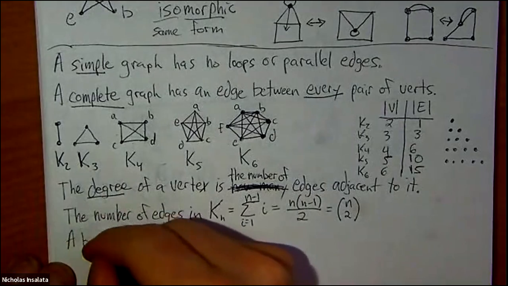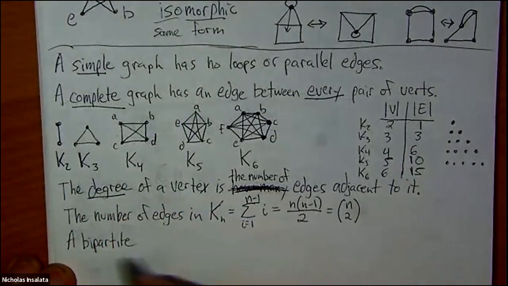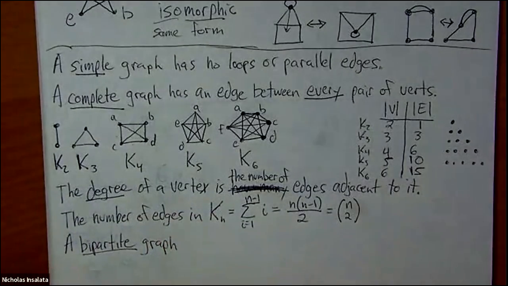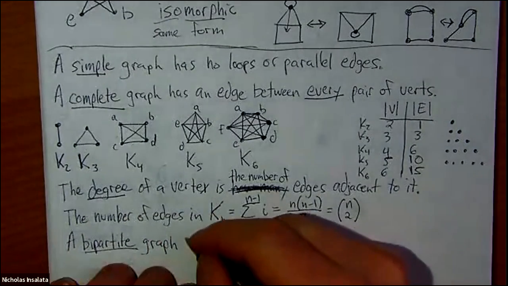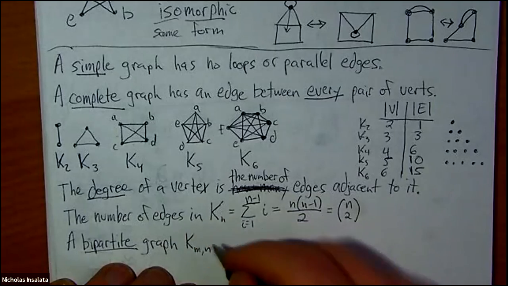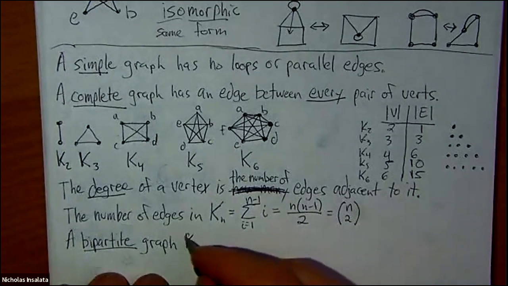A bipartite graph, which is called Kmn. So it's complete, but with, oh wait, no, that's not necessarily true. Sorry, I lied.